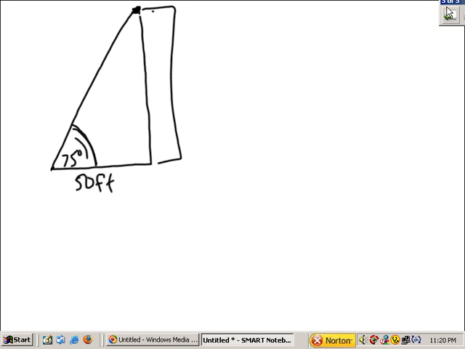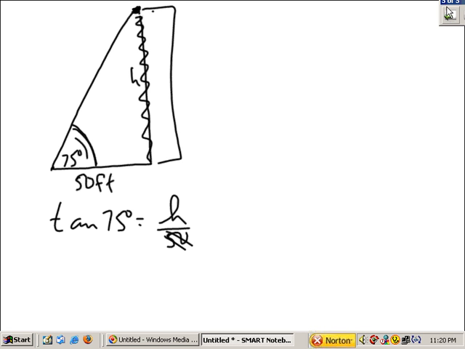Okay, so we want to know what h is, this height. Well, the tangent of 75 degrees is h over 50. This 50 can come up here. That is, h is 50 times the tangent of 75 degrees. Approximately, the tangent of 75 degrees is 3.7321.